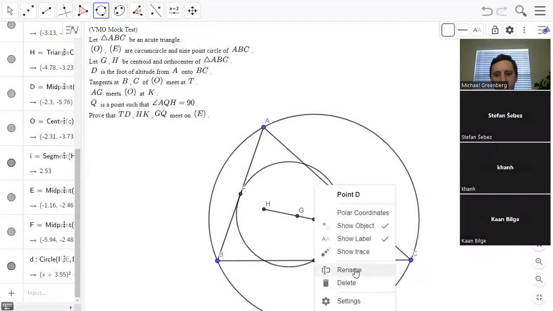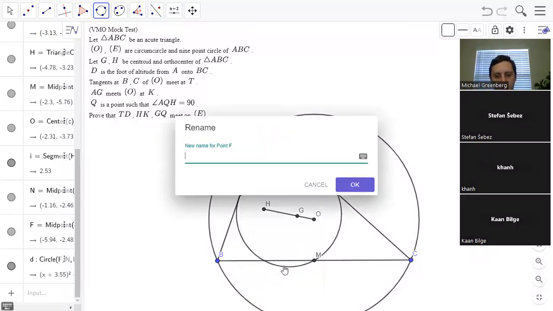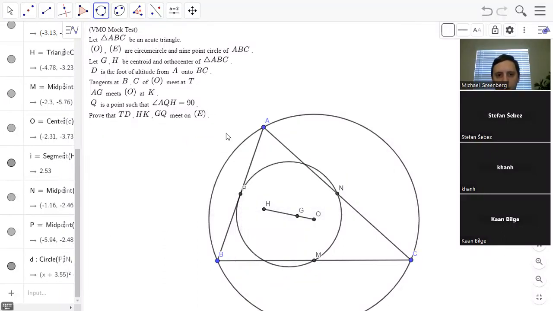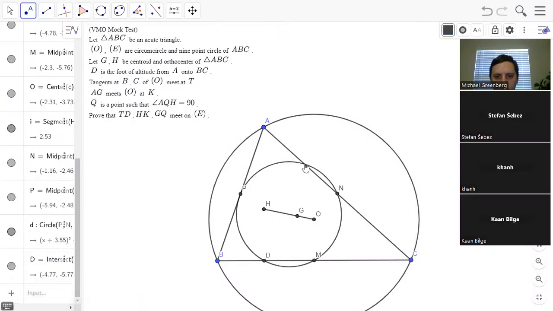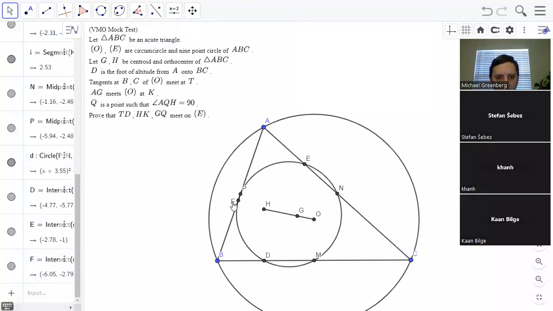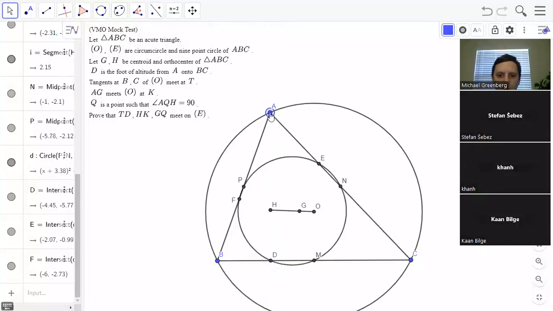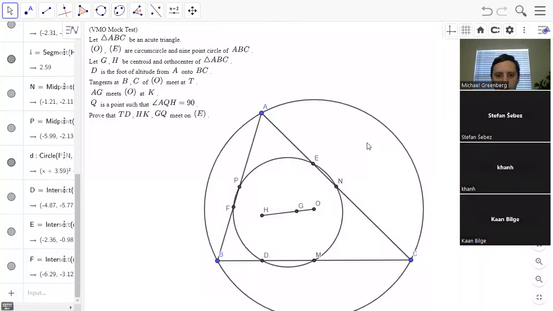But really we can call these M, N, and P, and this will be D, E, and F. Okay, I think that looks good.